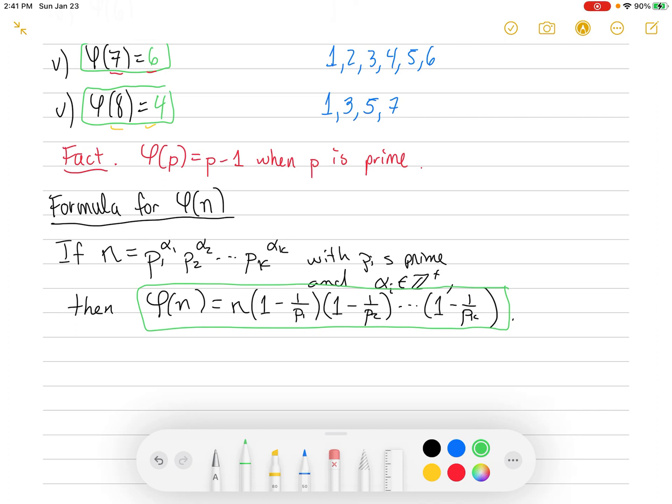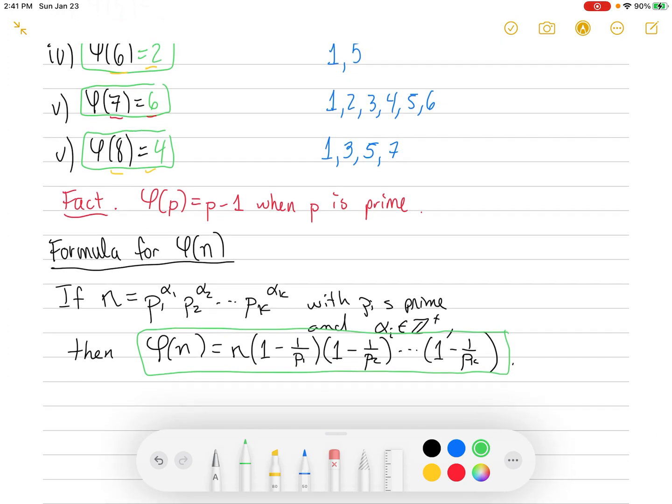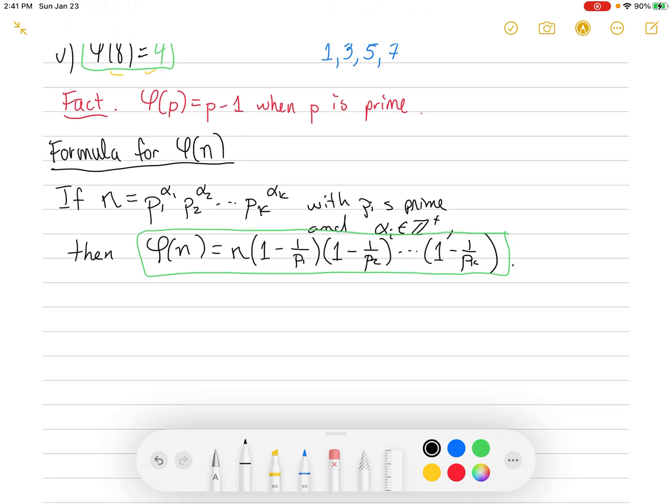It really doesn't matter what the exponents are. They don't come into play here. It's just n times 1 minus 1 over your first prime times 1 minus 1 over your second prime, so on and so forth, 1 minus 1 over your last prime. Those multiplied together.